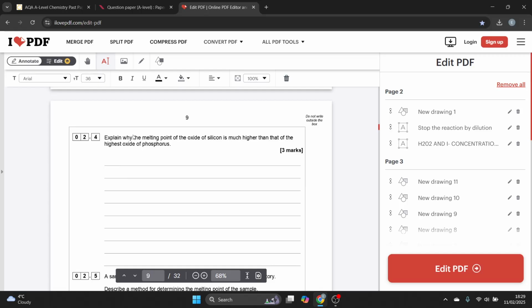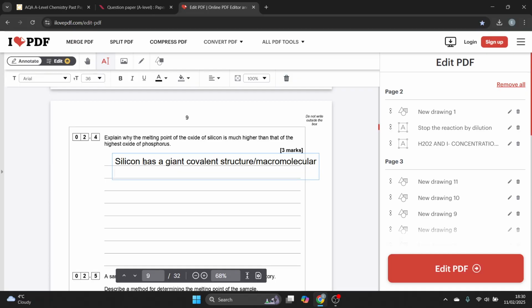Explain why the melting point of the oxide of silicon is much higher than that of the oxide of phosphorus. Now if it was sulfur I would talk about the increased electrons, so stronger van der Waals. But since it's silicon, you should know silicon has a giant covalent structure, or macromolecular structure.